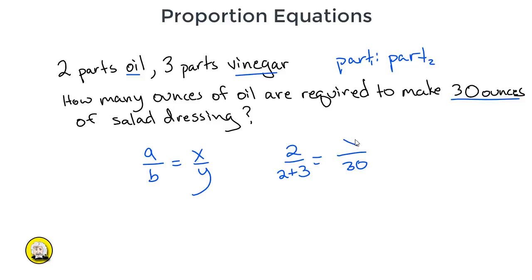And our unknown amount of oil used for that amount of salad dressing would be our variable x that we want to solve for. So what we would do at this point is we would cross multiply. Well, let's first simplify that. So that's 2/5 equals x over 30. And we now want to cross multiply. So I'll multiply each denominator by the opposite side's numerator.